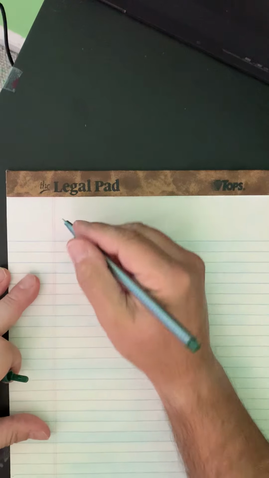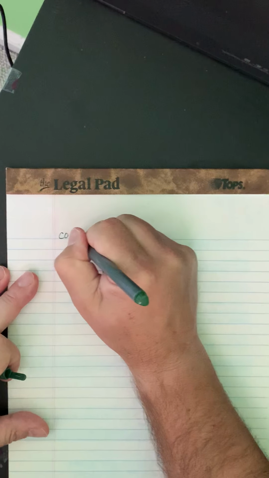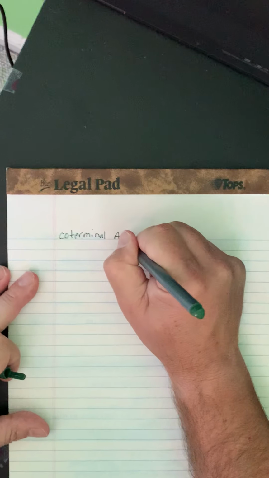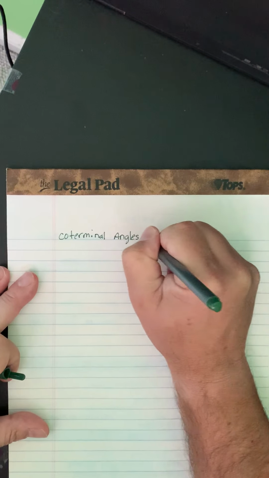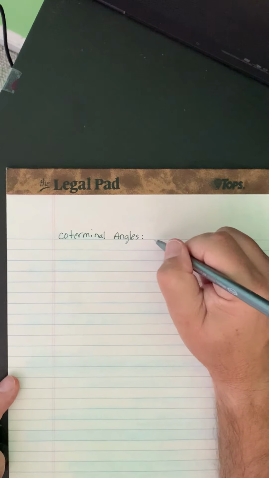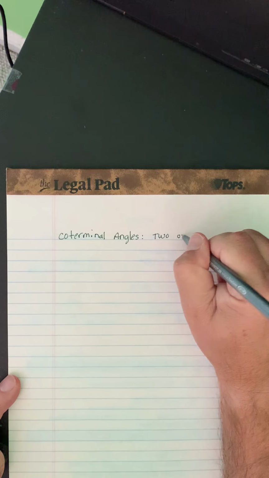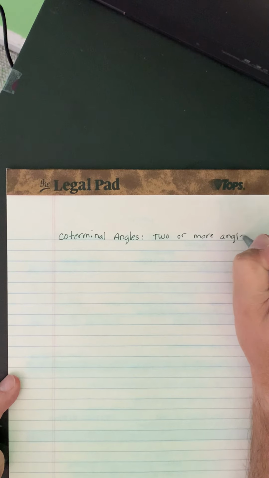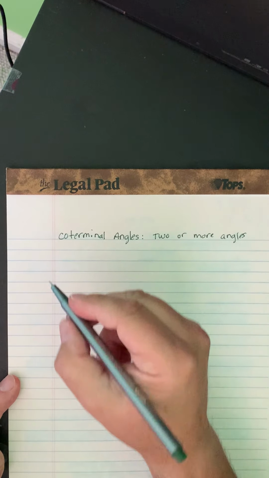All right, so we're gonna talk about coterminal angles. Coterminal angles. Not nearly as scary as they sound. Okay, coterminal angles are two or more angles in standard position.